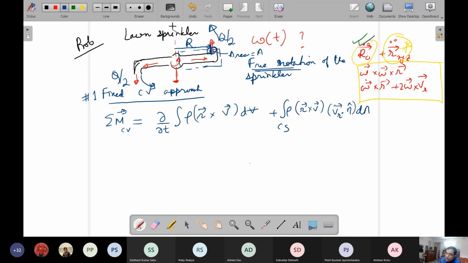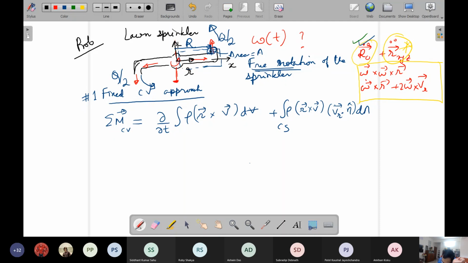This is given, and in terms of the coordinate system, only one coordinate variable is good enough, that is the radial coordinate small r. With that you can do all the calculations. And just to set up the directions, let us say this is the x-axis.